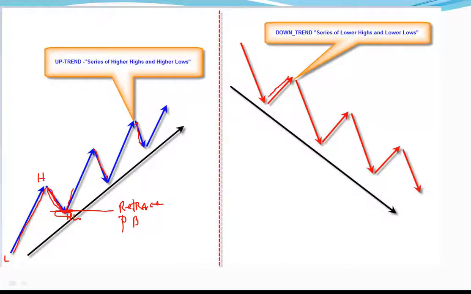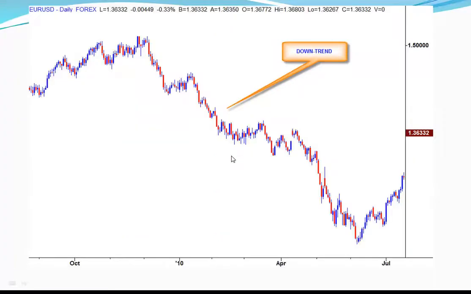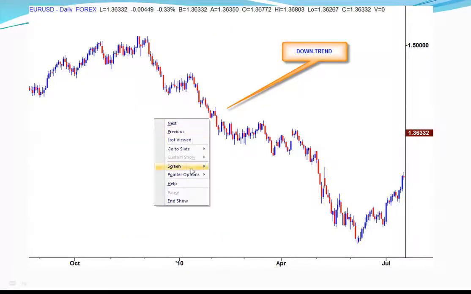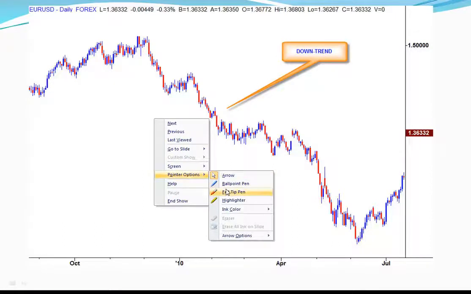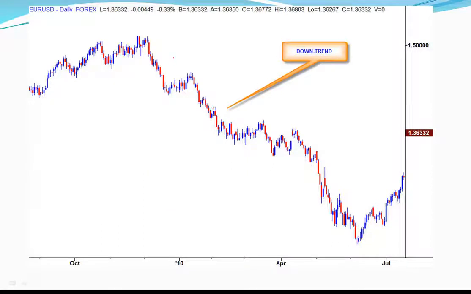Same thing as the bounces you see here in a downtrend. These are also retracements. Okay? And that's what we typically look at. So that is your trend, up and down. Let's take a look at another chart, and let's start identifying some of these trends. Okay, so we established the fact, if you look here, that this market was going up.